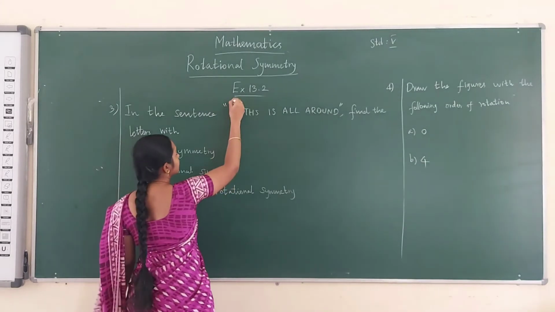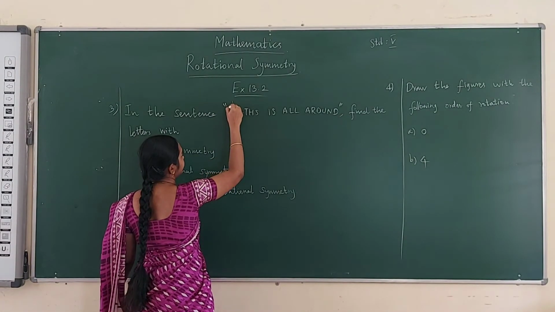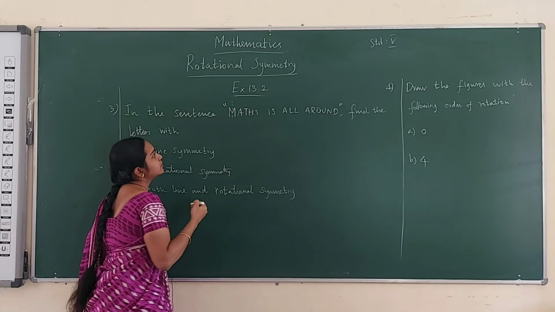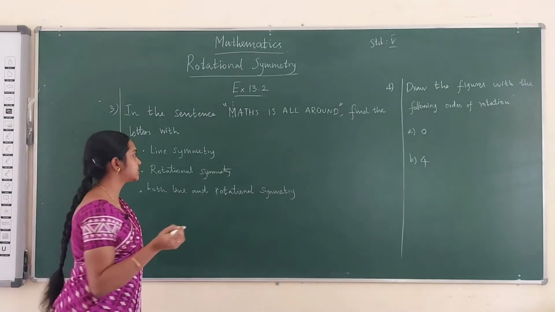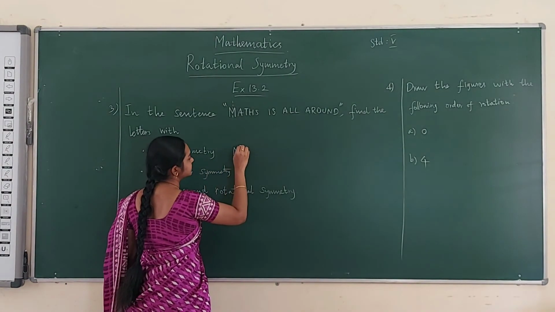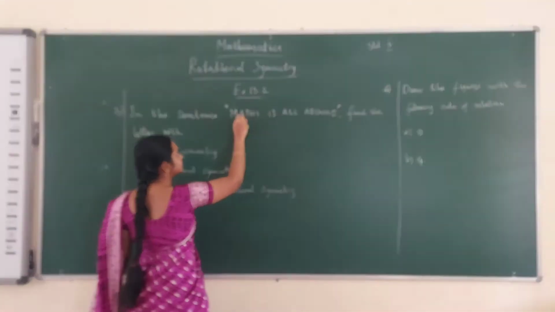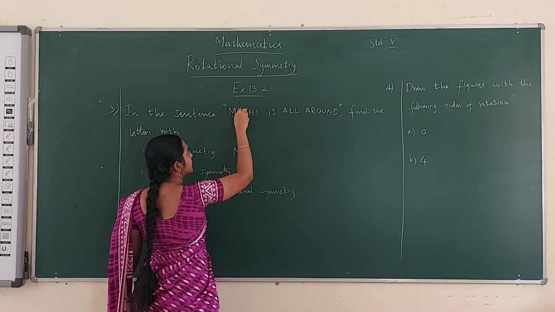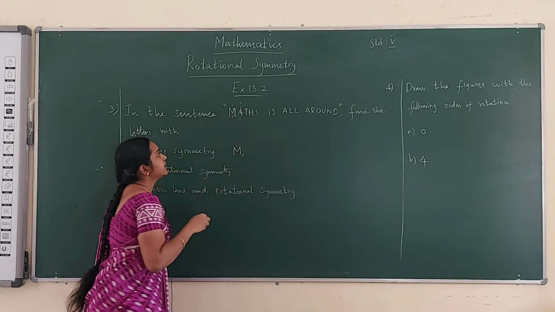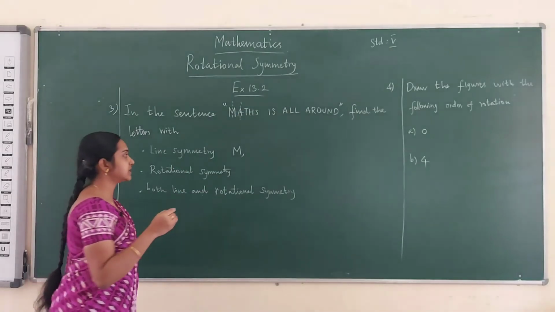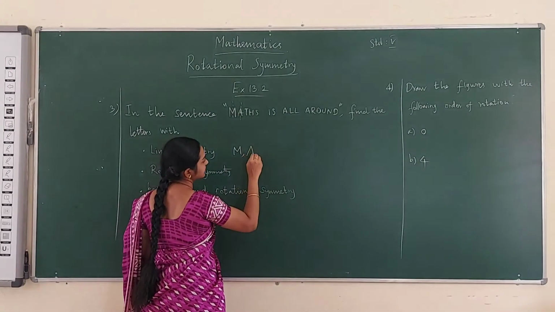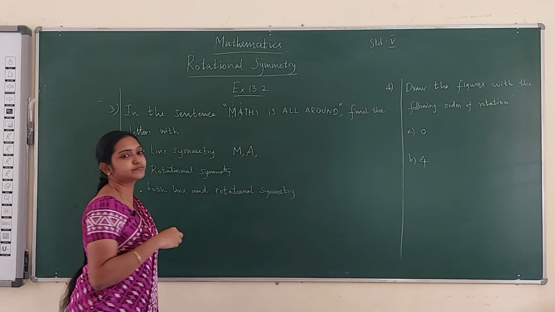If we draw a line here in M, it looks the same on both sides. So M has line symmetry. Next, if we draw a line in the center of A, it looks the same on both sides. So A also has line symmetry.